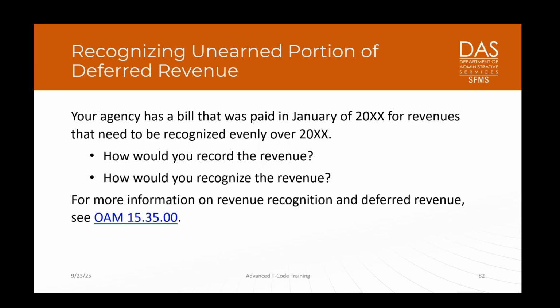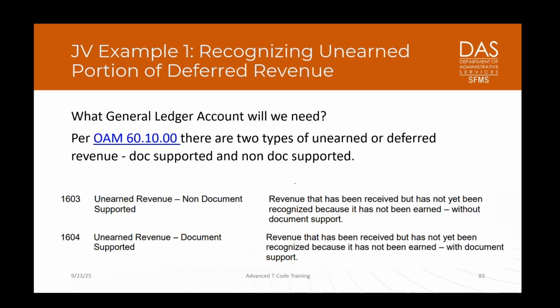Please make sure you have your OIM marked and in your browser, and refer back to them when you're selecting GLs or T codes. So in this scenario, it looks like we need GL 1603 for end revenue non-document supported ones and 1604 for document supported ones. More explanations are in OIM 6010.